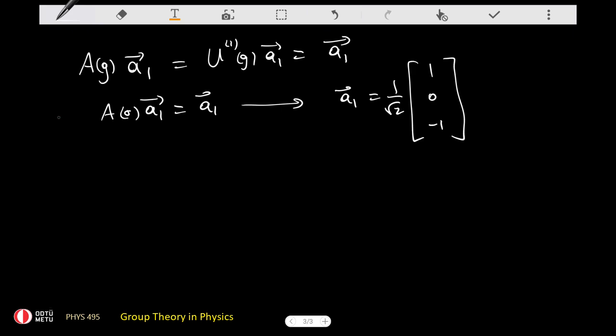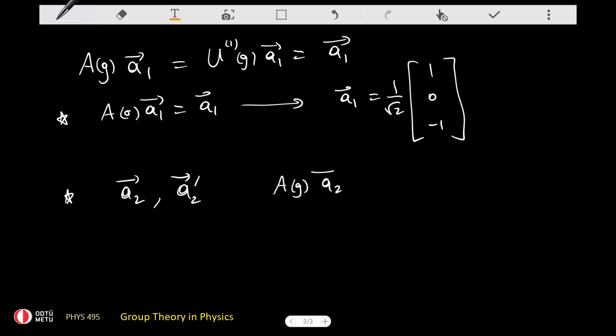All right. So next, there are actually now two different subspaces in which the vectors transform like a U2 representation. So therefore, there are these two vectors. Doesn't matter which one.